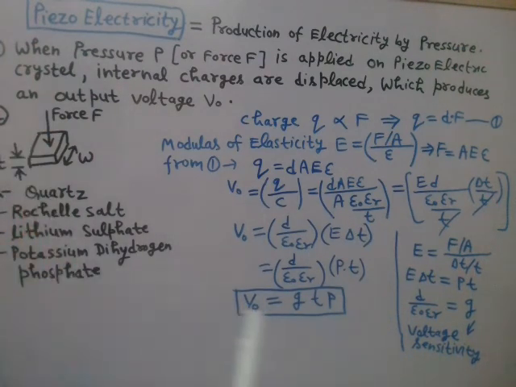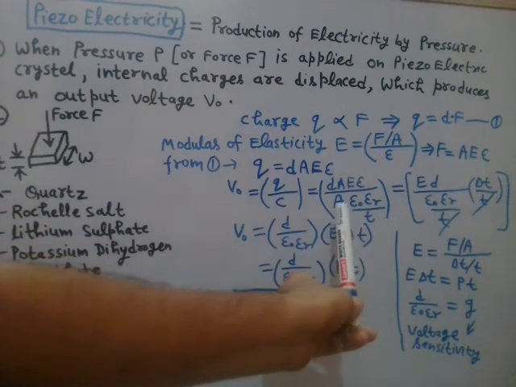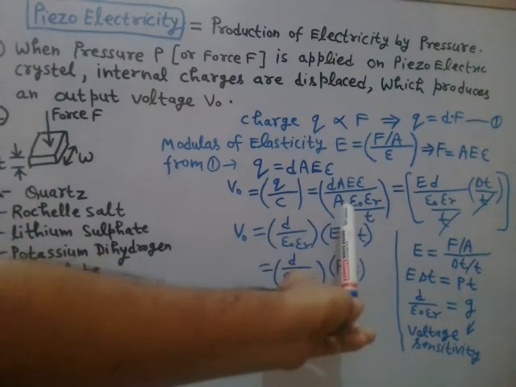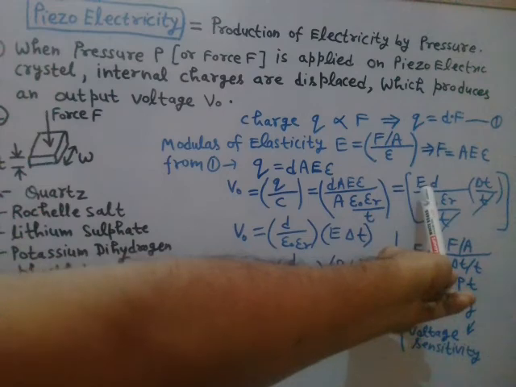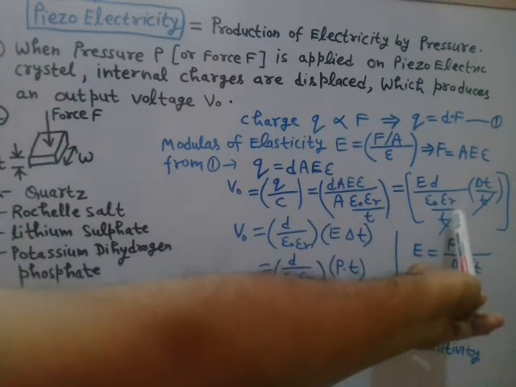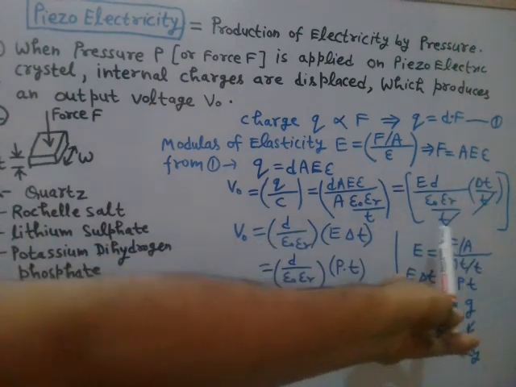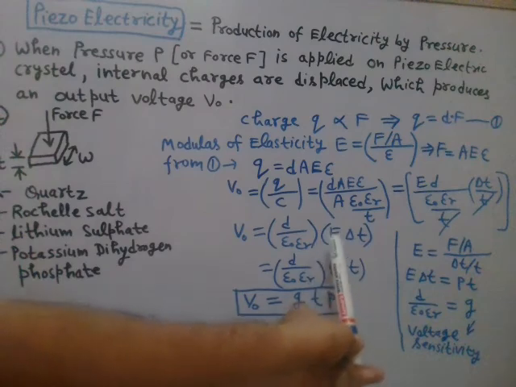So here just cancel out this capital A, that is the area, right? So here you are getting E into D divided by epsilon naught epsilon R by T. In place of epsilon, put delta T by T. T get cancelled. So finally you are left with D by epsilon naught epsilon R into E into delta T.